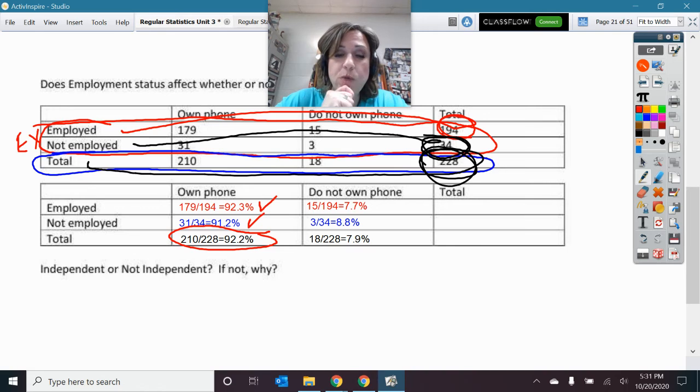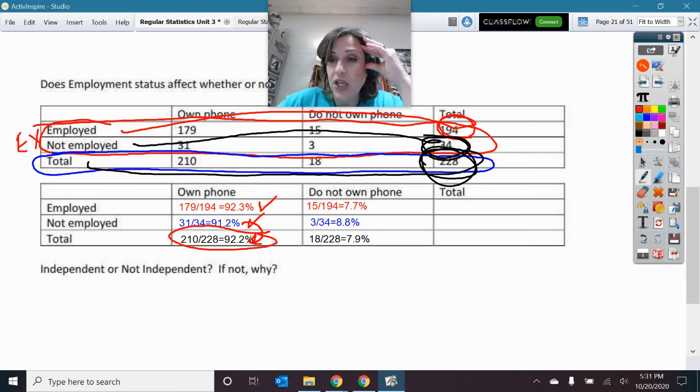Not employed, 91.2. Remember our rule. It has to be within 1% of the marginal. So 91.2% is 1 percentage point away from the marginal.